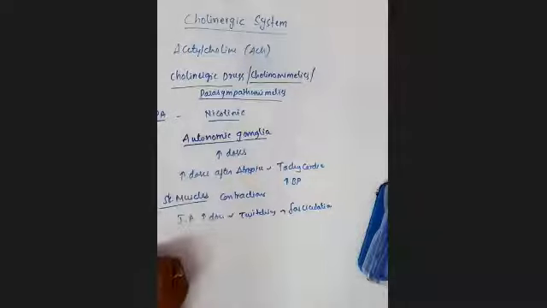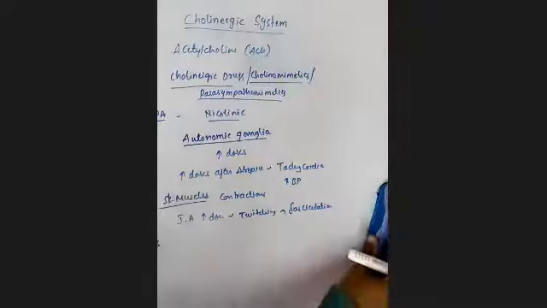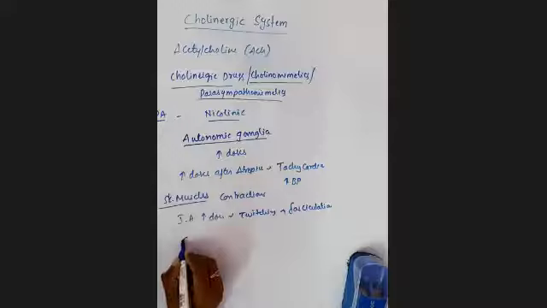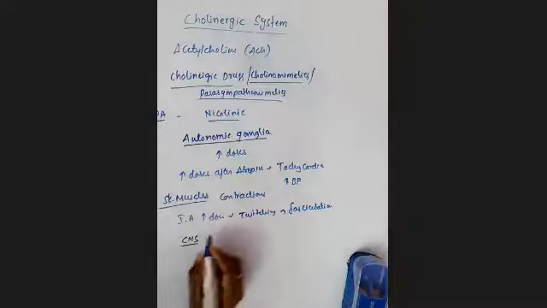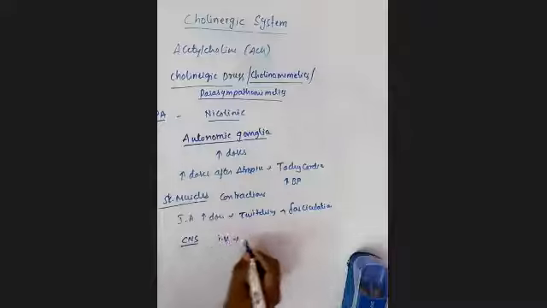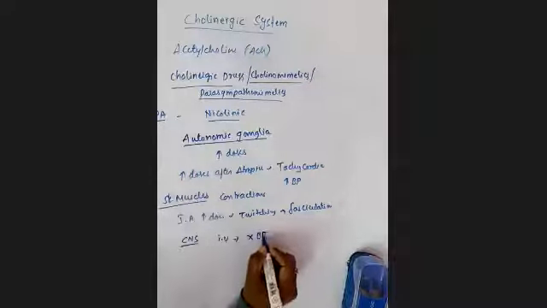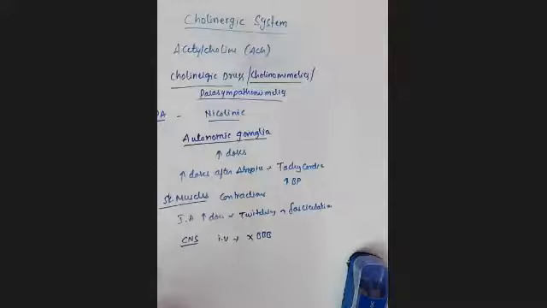Next, we'll see the actions regarding the CNS. Generally, if you give acetylcholine through the IV route, it cannot cross the blood-brain barrier, so you may not observe any CNS effects.